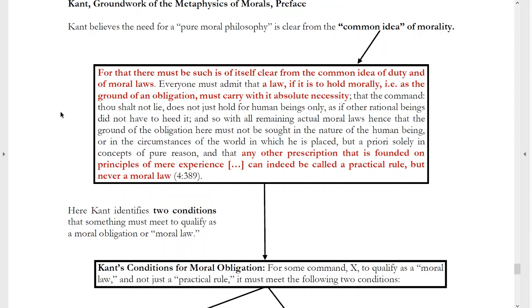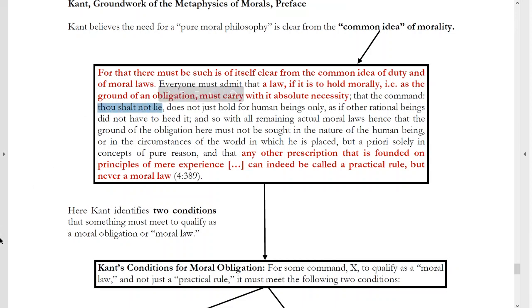That the command, thou shalt not lie, does not just hold for human beings only, as if other rational beings did not have to heed it. And so with all remaining actual moral laws, hence that the ground of obligation here must not be sought in the nature of the human being or in the circumstance of the world in which he's placed, but solely in concepts of pure reason." So he's saying, look, the command, thou shalt not lie.